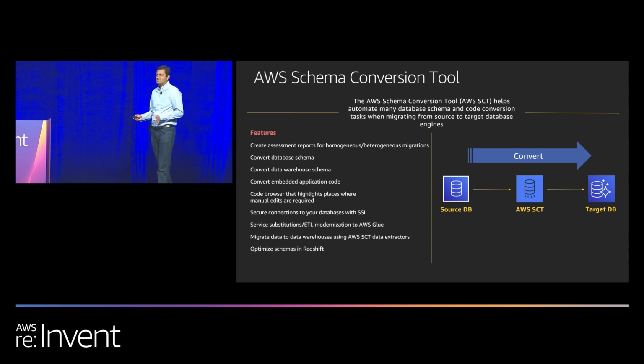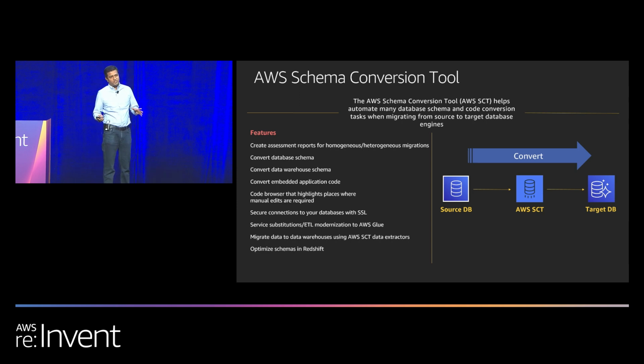So SCT has a concept of database storage objects and database code objects. The storage objects are something like your tables, schemas, primary keys, indexes, and code objects are your functions, stored procedures, and views.